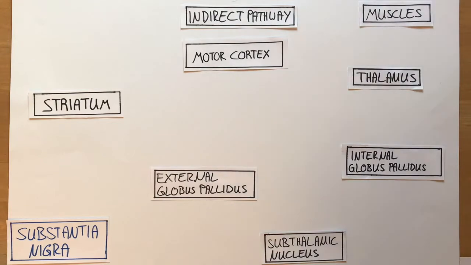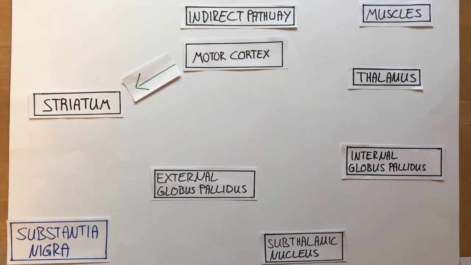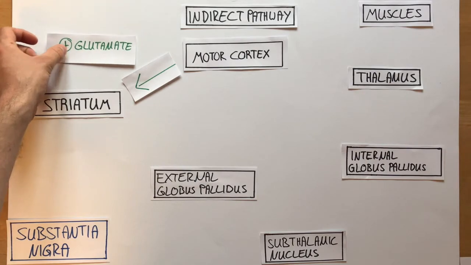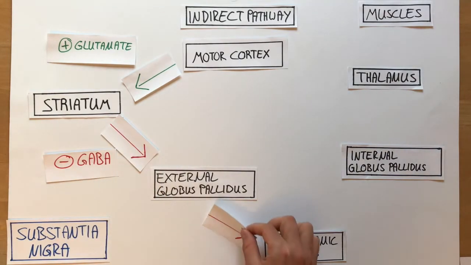The function of the indirect pathway is to inhibit movement. The motor cortex excites via glutamate the striatum. The striatum inhibits via GABA the external globus pallidus.